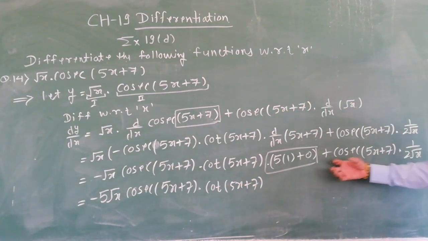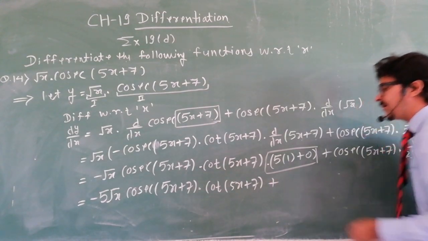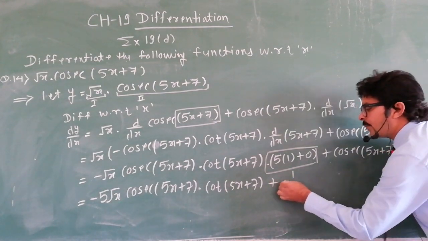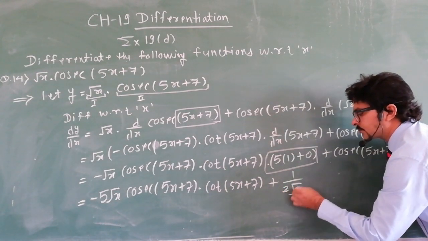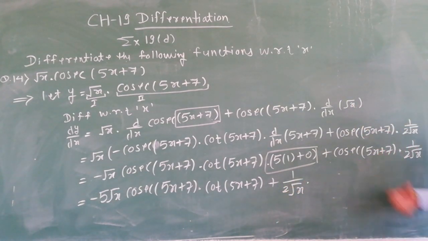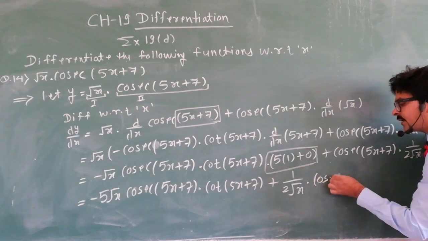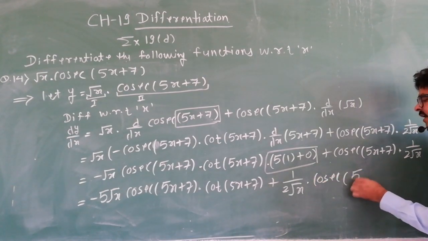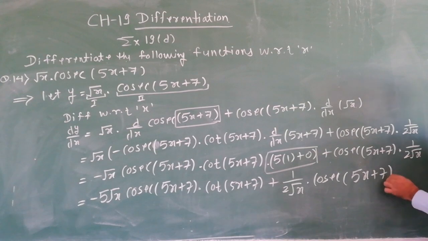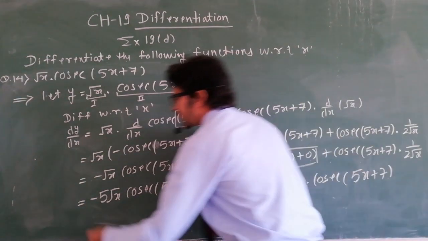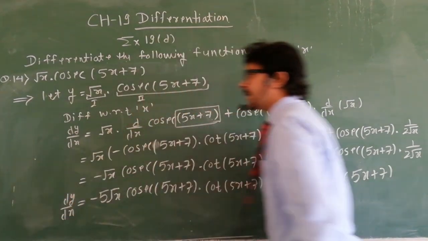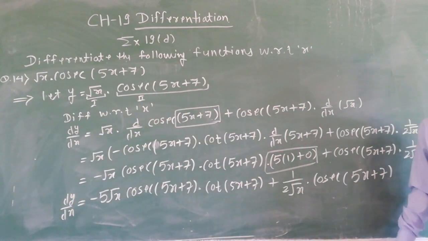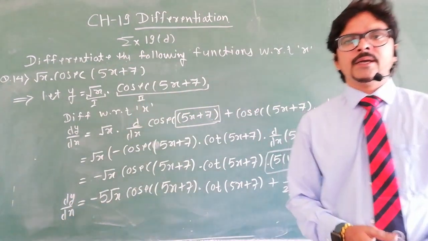Now on the second term we write plus in between, and then 1 upon 2 root x into cosec in bracket 5x plus 7. So this is our final answer. This is the derivative of y, which is dy by dx. Does anybody have a doubt in this? No, sir. Okay, note this down.